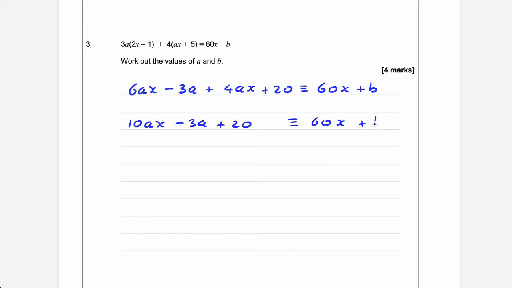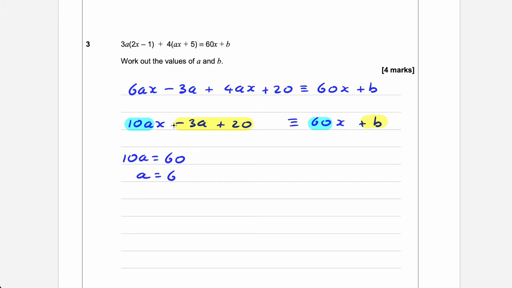60x plus b. Okay, so what we can do, guys, is we can equate the coefficients. So what I mean by that is whatever comes before x on the left, 10a, has to equal 60, because the term with x on the left has to equal the term with x on the right. And the rest, the constants, if you like, those have to be equal. So I can make 2 equations. So I can say the blue equals the blue. So 10a equals 60, which means a is equal to 6.